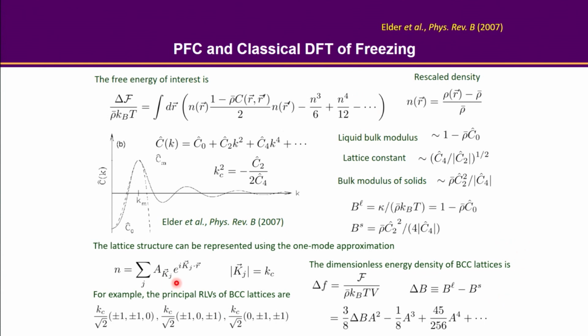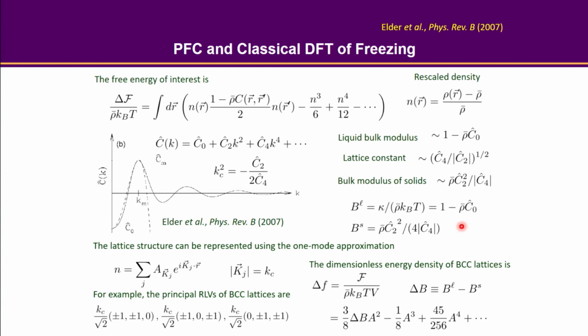What you need to do is just plug in this n back to here and finish the integration. You will see those coefficients coming out, and they are associated with 1 minus rho C0, and also associated with this rho times C2 squared divided by C4. Okay, so that's how you end up. The prefactor is associated with the difference between the liquid and solid bulk modulus.